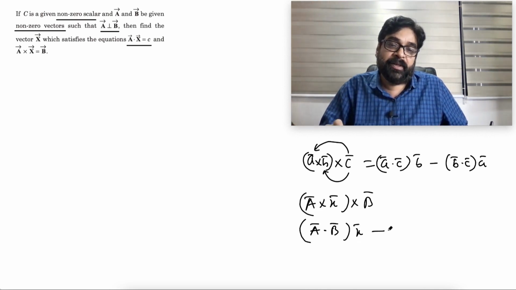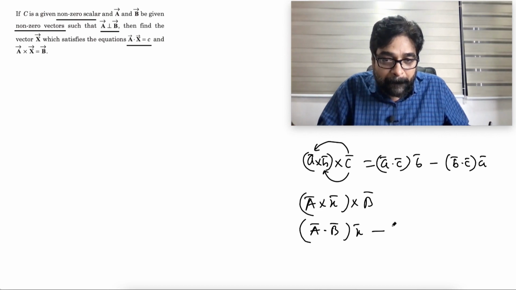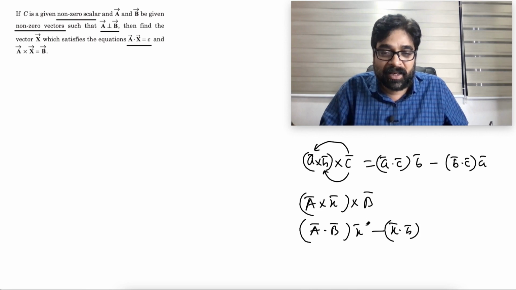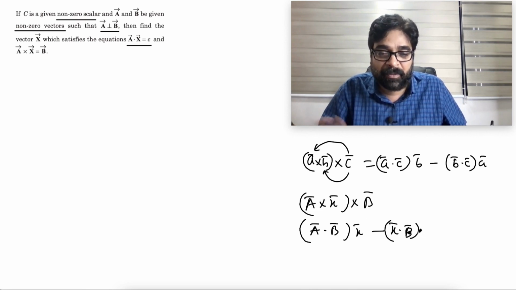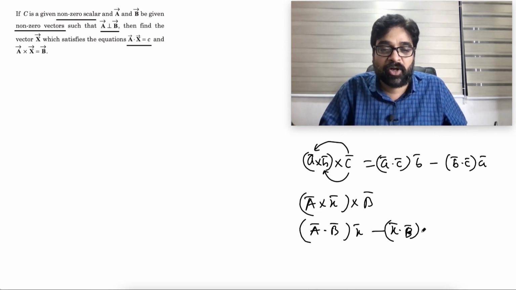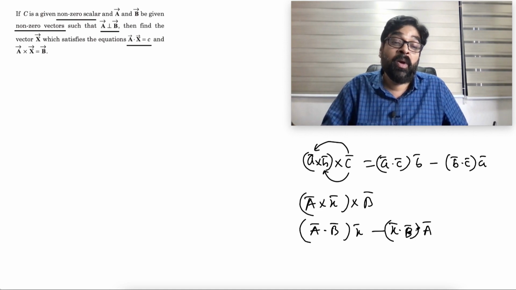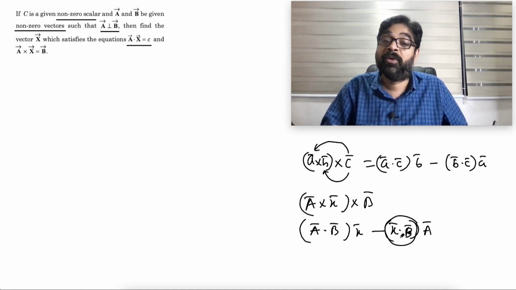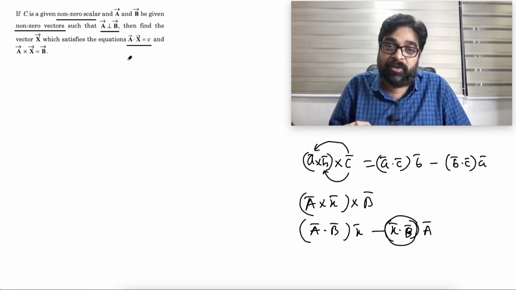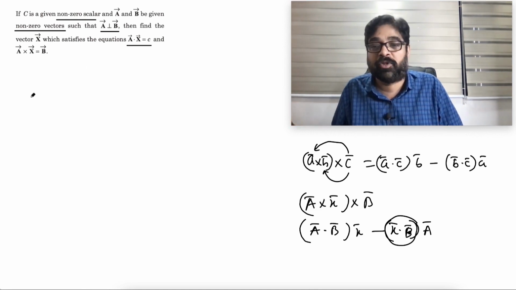Minus X dot B into A. Oh, X dot B I don't know. X dot A I know. That is why I will take cross A on both sides.